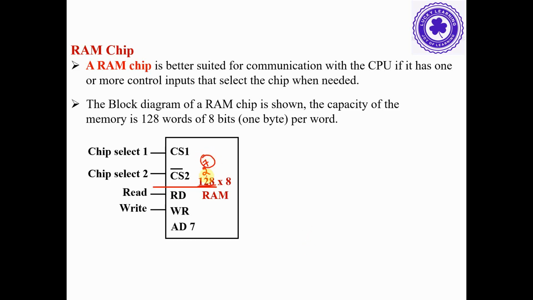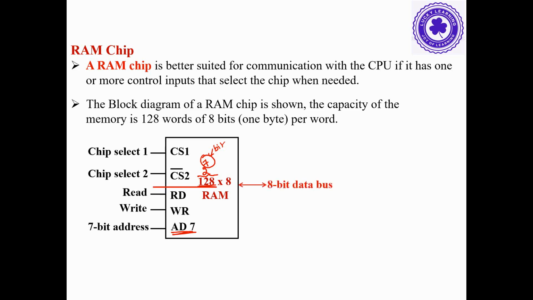How? Because 128 we have to represent as a power of 2, which is 2 power 7. So a 7-bit address bus is to be connected, meaning a 7-bit address is needed to locate the particular word in the RAM.